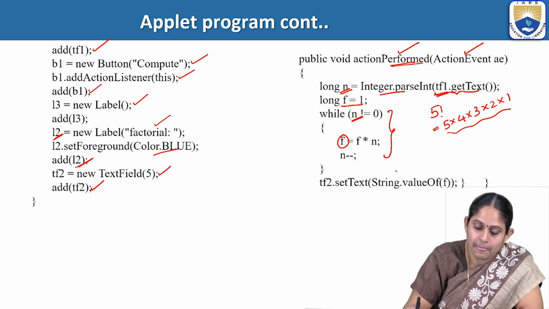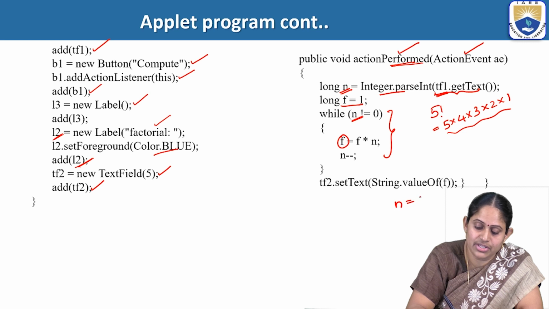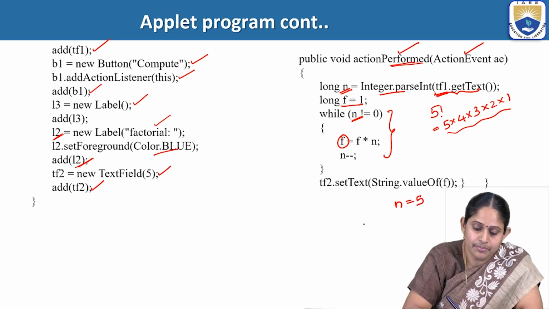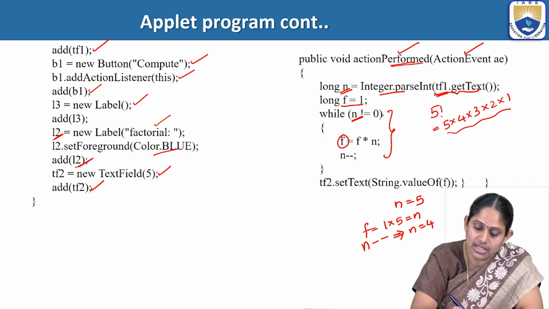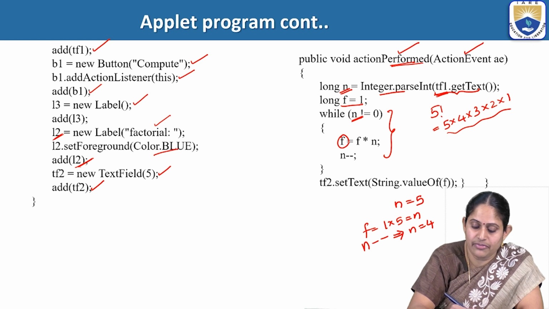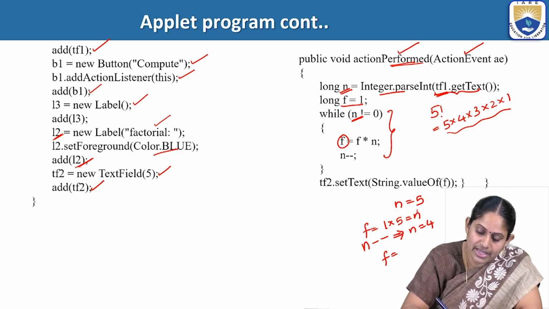Initially, while n not equal to 0, n is equal to 5. So when n is 5, f will be 1 into 5, which will be 5. Now n minus minus implies n is equal to 4. n equal to 4 means n is not equal to 0, so we can again compute the factorial. f was already 5, so 5 into 4 is equal to 20.